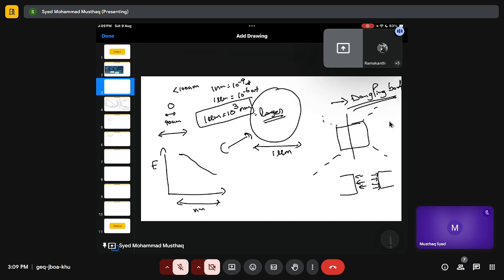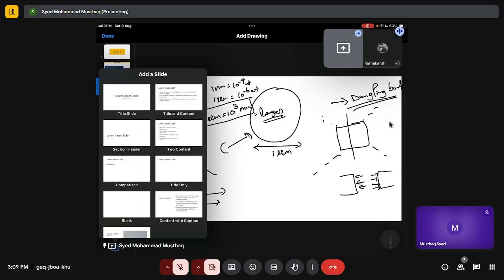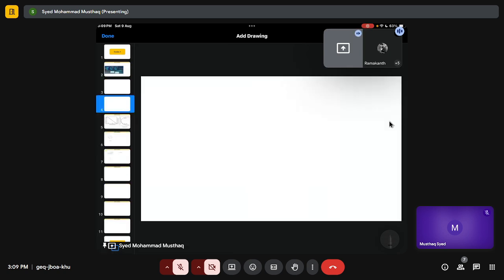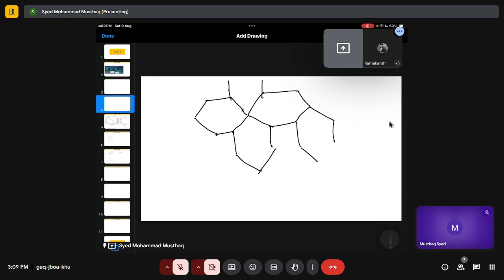For example, last time I took the example of graphene. Graphene is more like a hexagonal ring type structure. I made a mistake, it shouldn't be like that.